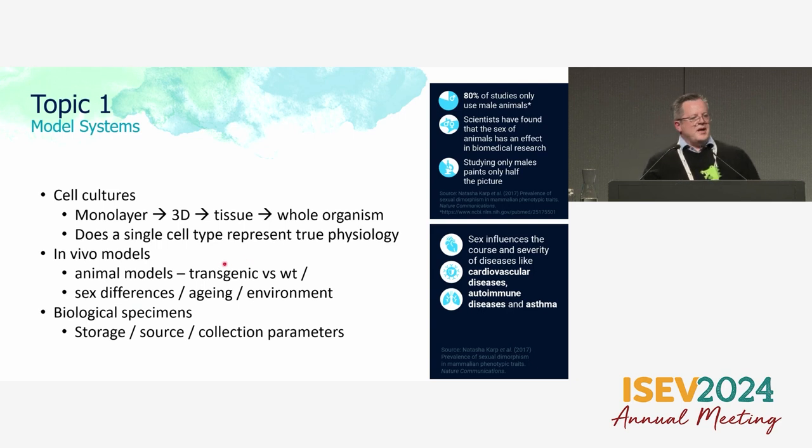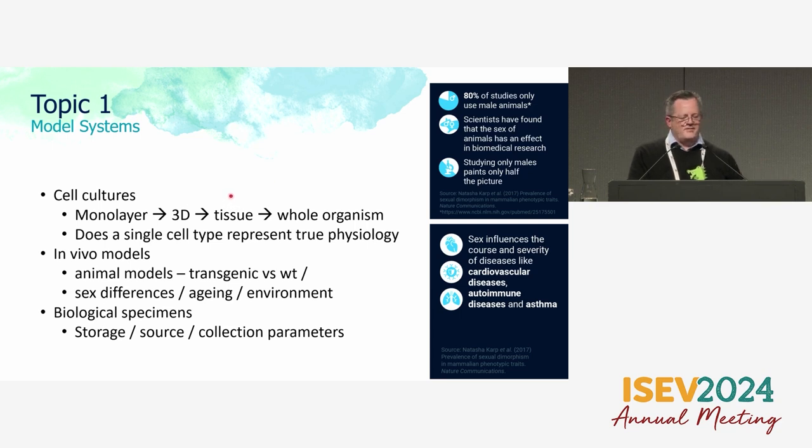So just a few words about model systems. So many of us will use cell cultures. So cells growing in a monolayer are very useful for certain kinds of experiments or for isolating EVs with particular properties, but they're quite a long way away from how cells really grow in vivo. So you could consider using three-dimensional cell culture systems, organoids, for instance, and now we can isolate EVs from tissue samples.